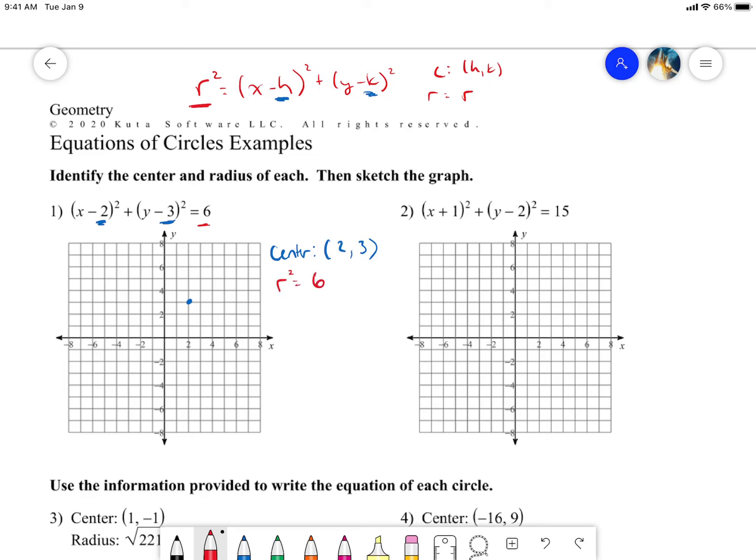R squared is equal to 6. So if I wanted to find what my radius is, what would I have to do? I have to take the square root of both sides. So this is equal to the square root of 6.